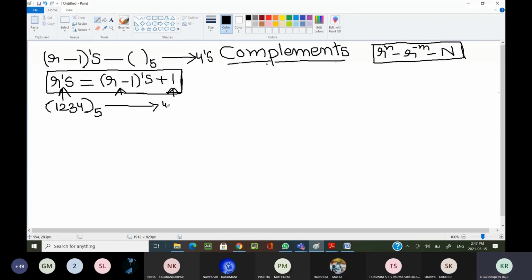Calculate the 4's complement. 3210 of base 5. Okay. I hope everyone knows the shortcut method. You are directly applying the shortcut method. You should also know the formula method. Better you should know the formula method also.